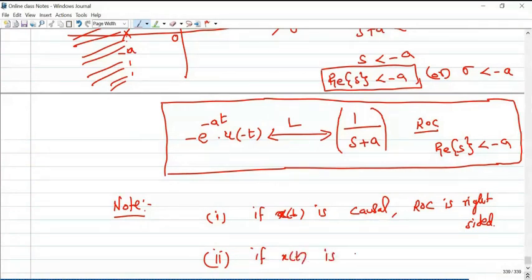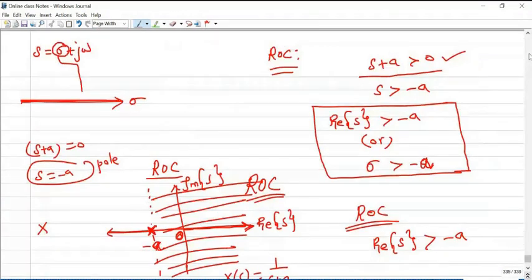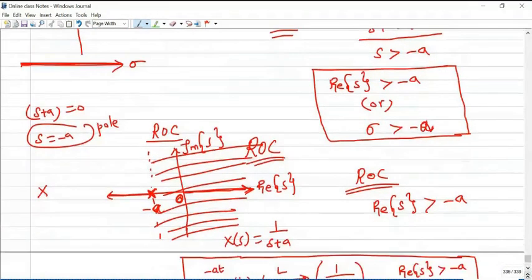If x of t is a non-causal signal, u of minus t is a non-causal signal because it exists during the negative values of t. Then the region of convergence is left sided. Please understand. First problem, ROC is greater than minus a, meaning we are indicating the region of convergence by using these parallel stripes.